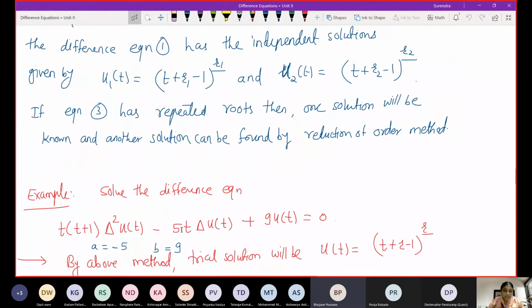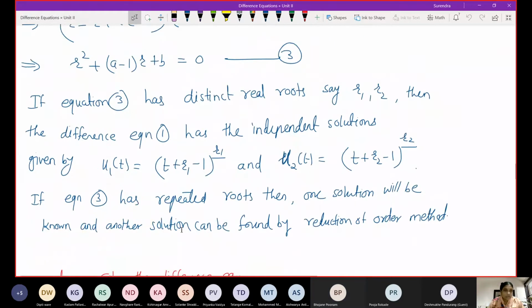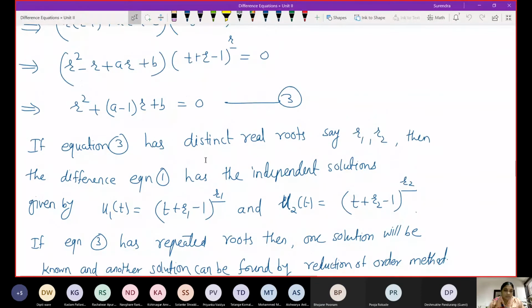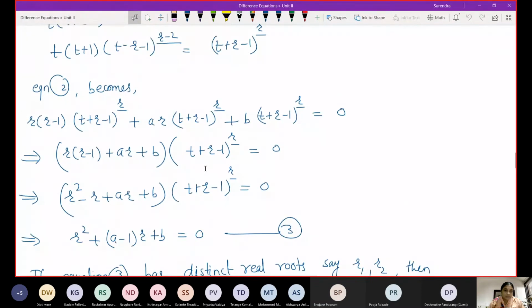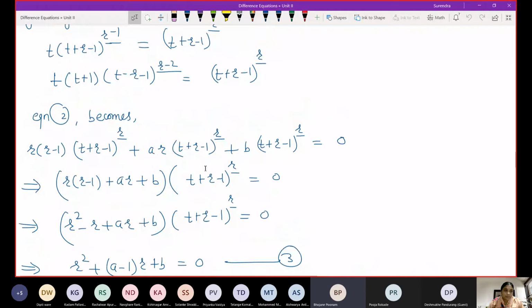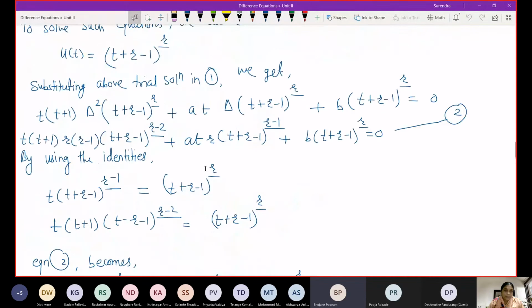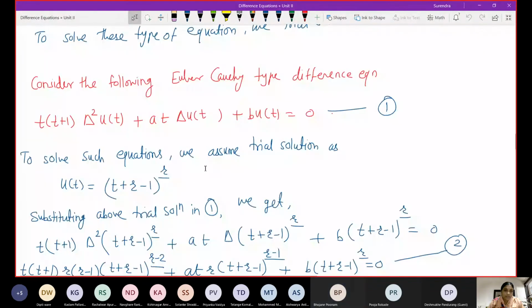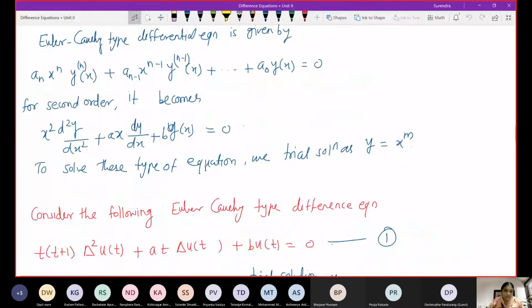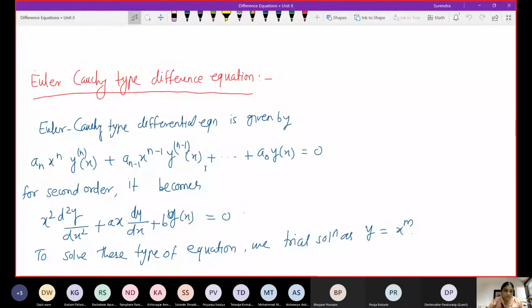So we have seen yesterday two methods to solve second order difference equations. Which one we have seen? Euler-Cauchy type difference equation and method of reduction of order.